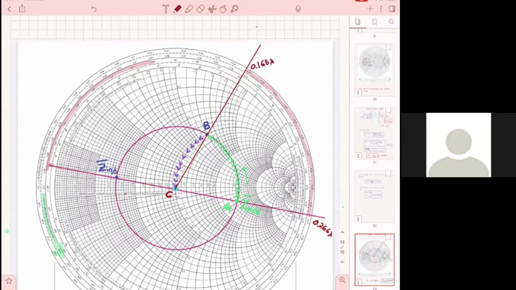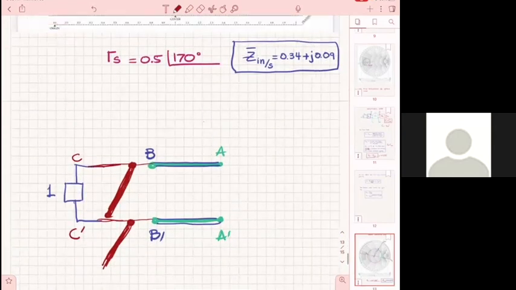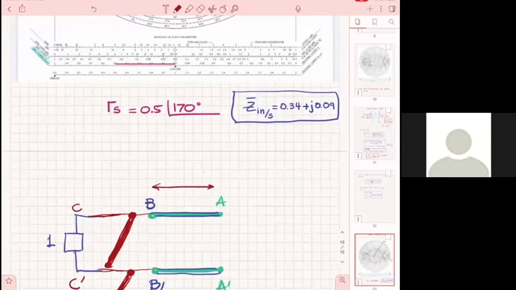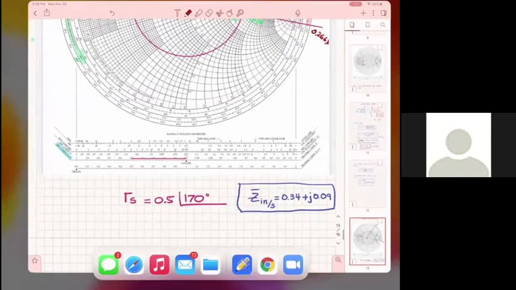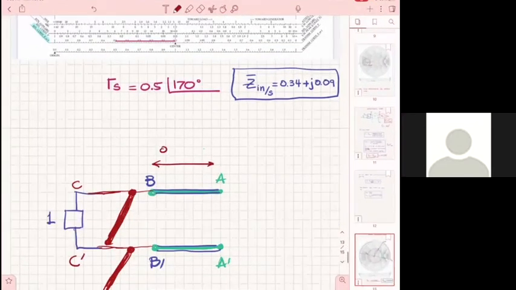So the distance on the transmission line, this distance here, is the difference between 0.266 minus 0.168 lambda. And that gives 0.098 lambda. So I have to move along this by 0.098 lambda.